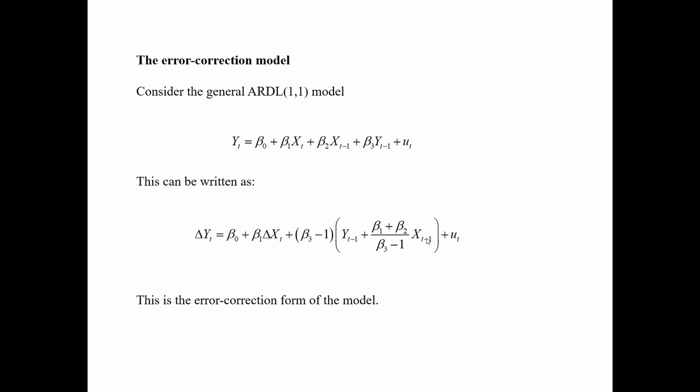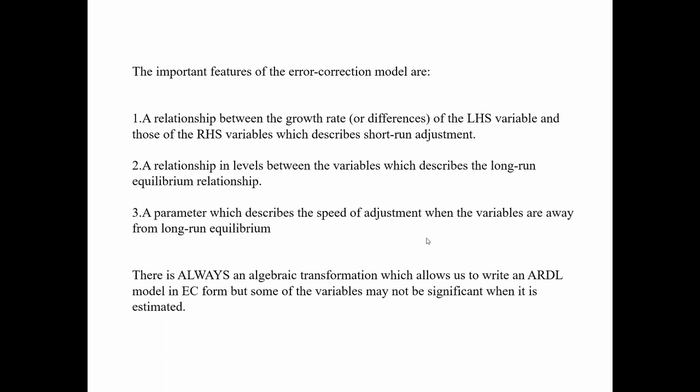The neat thing about this representation is that all the parameters which we would obtain if we were to estimate this version can be given a sensible economic interpretation, which is not the case for the more general ARDL model, which is much harder to interpret. So basically, these are the important features of the error correction model.